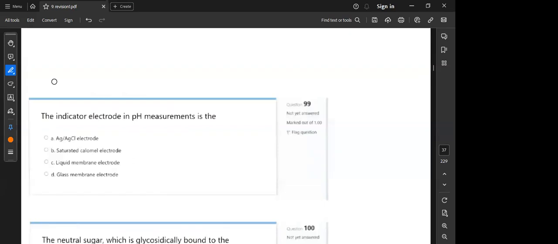The indicator electrolyte in pH measurements is silver chloride, saturated calomel electrolyte, liquid membrane, or gas. Is it A, silver chloride? I do not know.